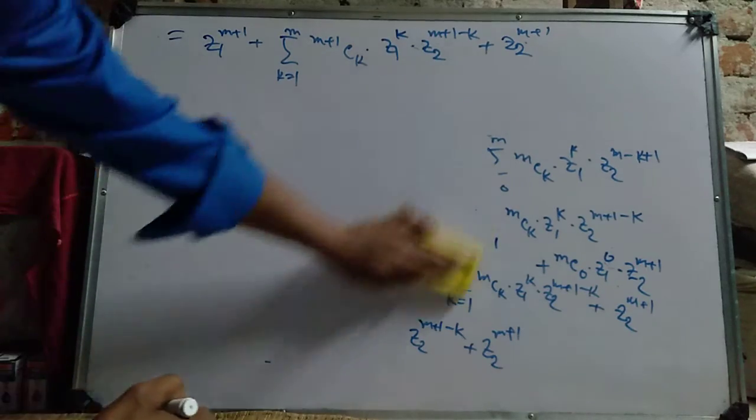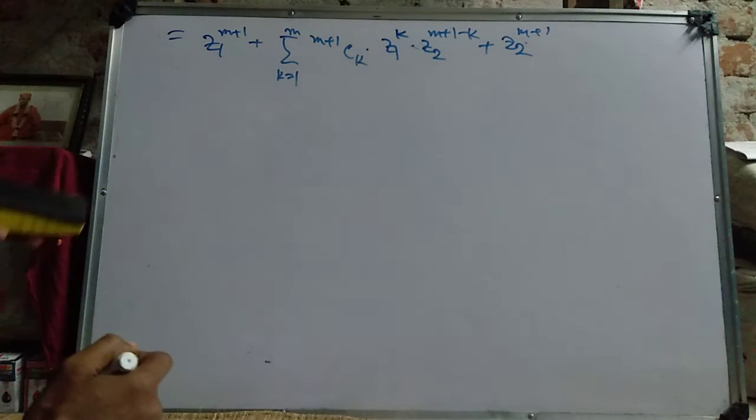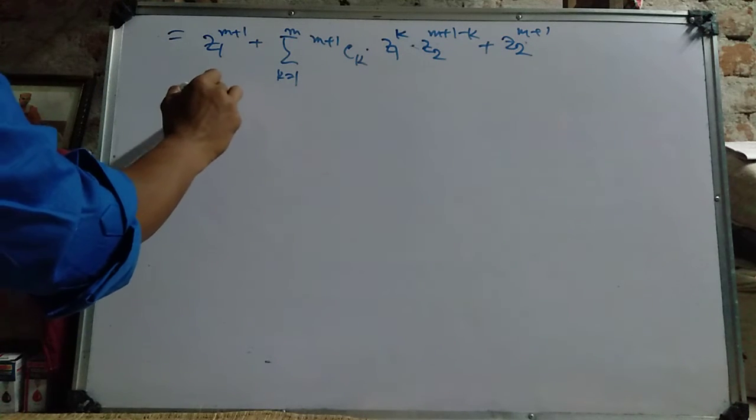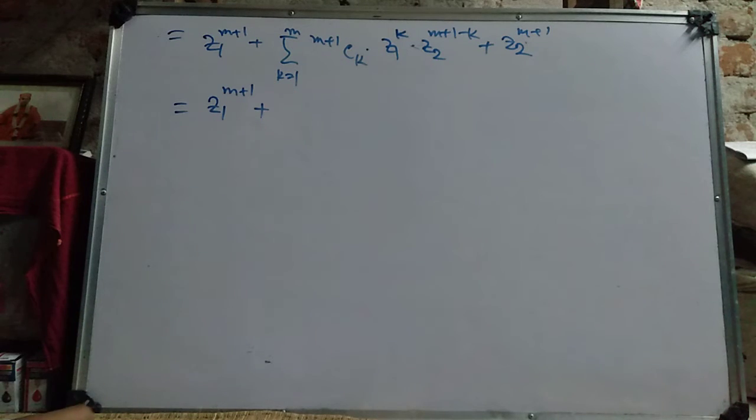What happens here, we write in this way z1 to the power m plus 1.